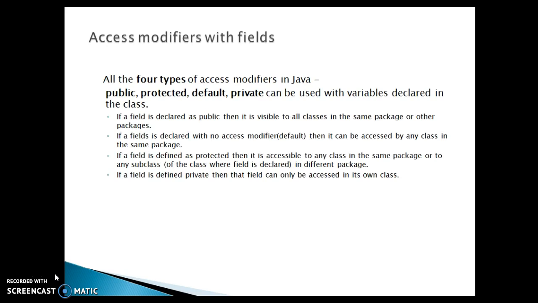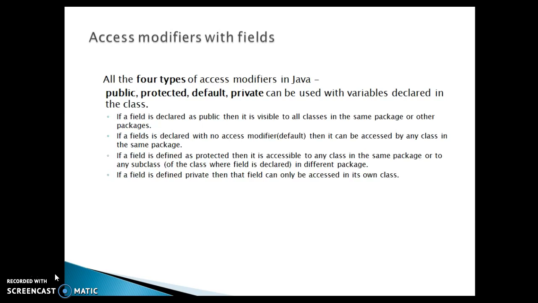Here one thing you have to keep in mind: if you declare a variable as public, then of course it is accessible from the same package and other packages as well, but only if your class is public. If your class is not accessible, then even though your member is public, it cannot be accessed.